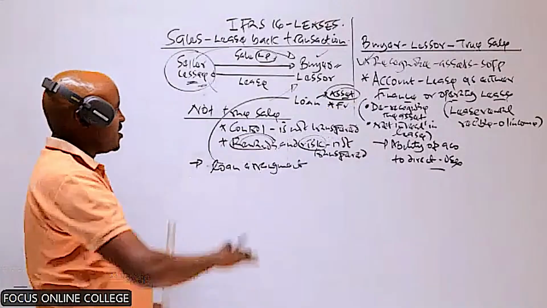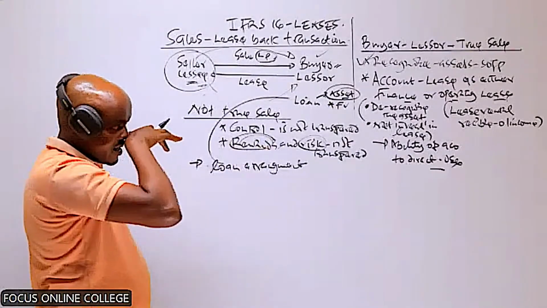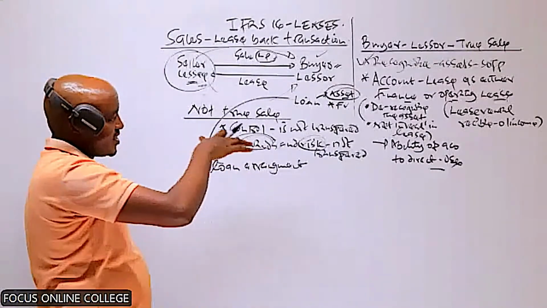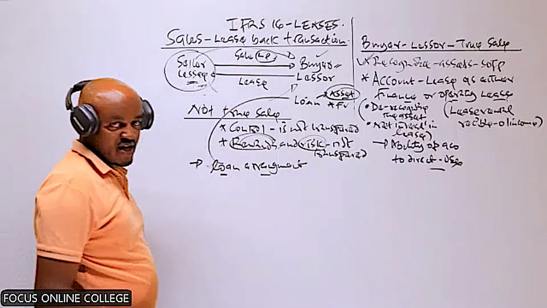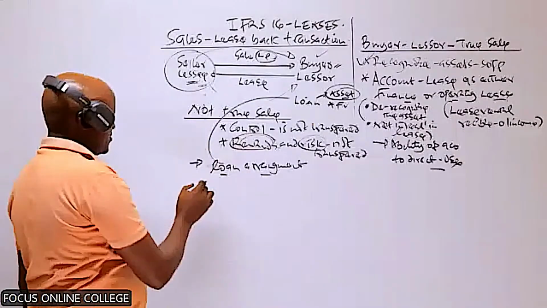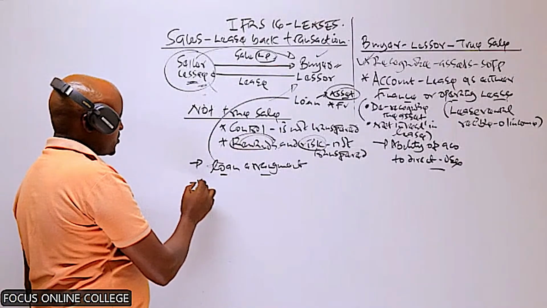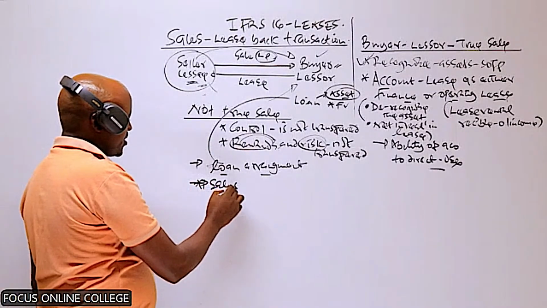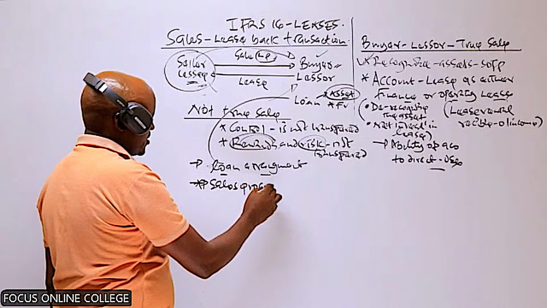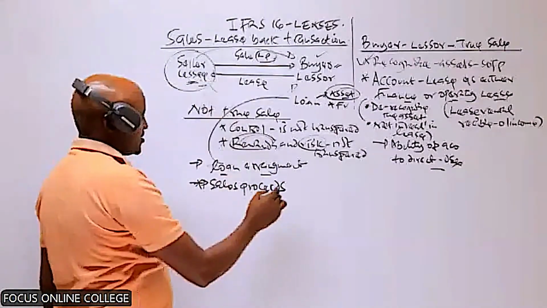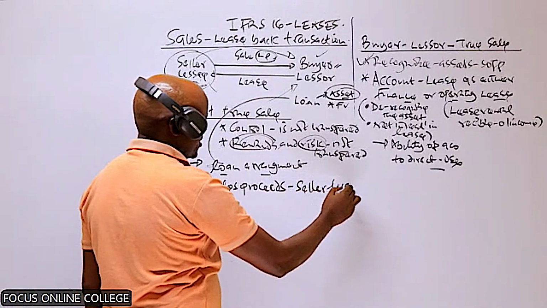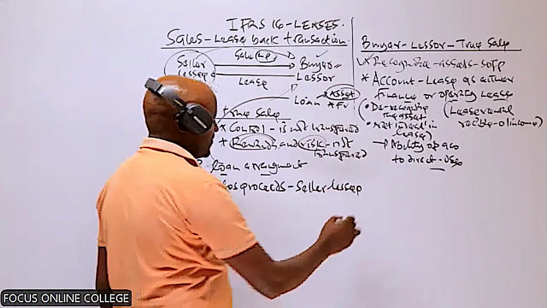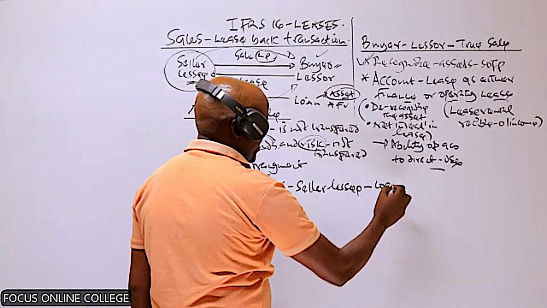So therefore, if this does not amount to a true sale, the control is not transferred, the risk and reward are not transferred, then you are saying that this is like a loan arrangement. So in this case, the sales proceeds received by the seller will be treated like a loan.